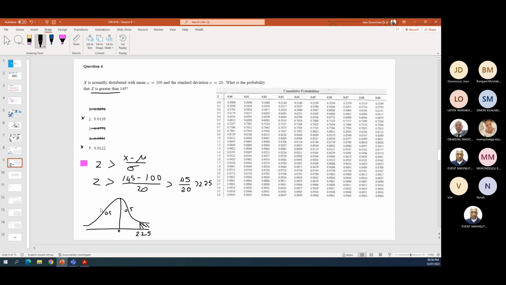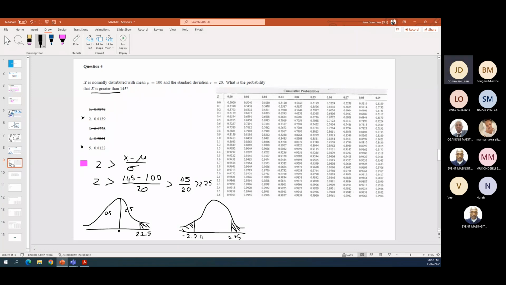Okay, so the first way we can work it out is to remember from that first question, when it is symmetrical, if it is positive 2.25 on the one side, that is exactly the same size or probability as on the other side where it's negative 2.25.